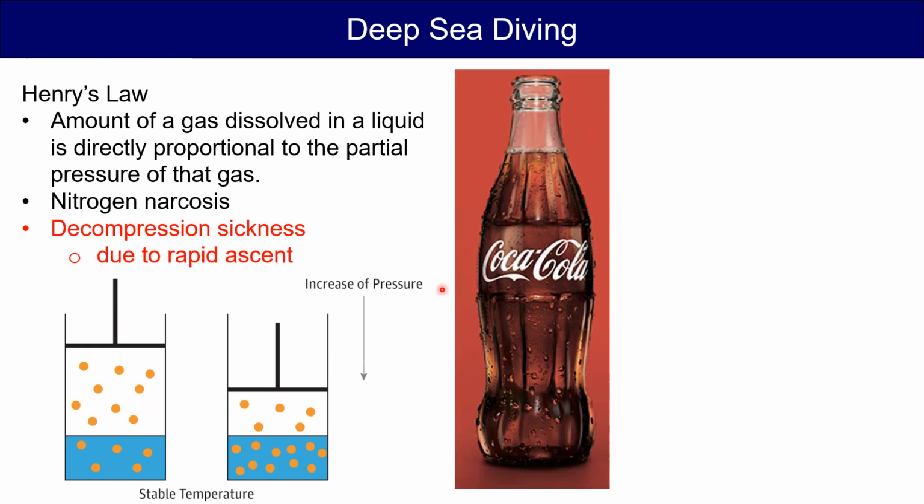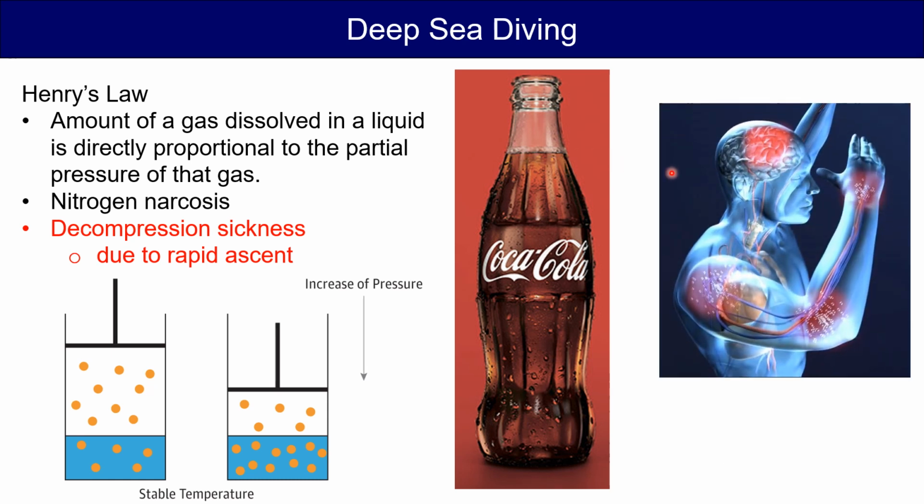It is similar to opening a bottle of Coke. If you open the bottle of Coke, there will be a tremendous decrease in pressure, and there will be bubble formation. And this is what happens during decompression sickness. A rapid ascent will cause bubble formation in all of the tissues, including inside the blood vessels, producing air embolism.